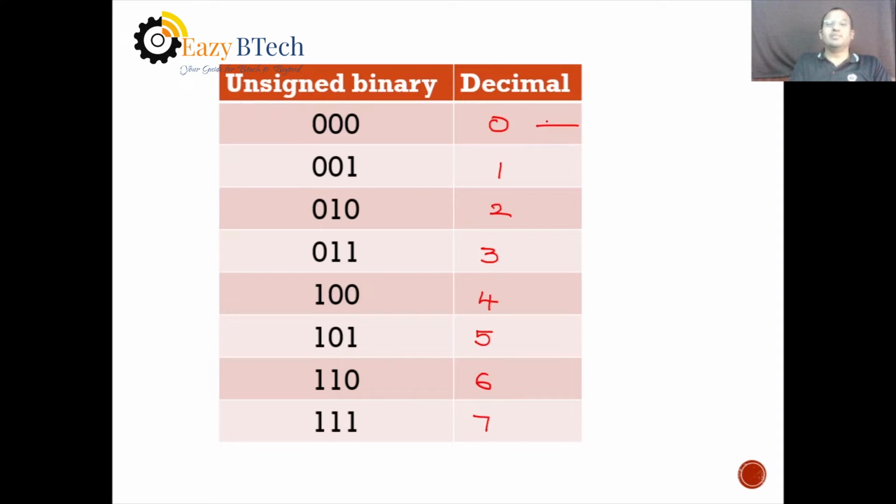This is the minimum number and this is the maximum for 3 bits. These are the corresponding decimal equivalents.